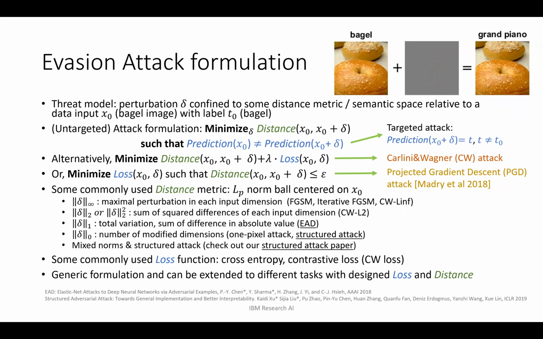Depending on how you formulate this attack problem, minimizing the distance subject to some attack criterion, or minimizing the attack loss subject to some distance criterion, there are correspondingly different types of attack methods. For images, there are also some popular Lp norm perturbations to evaluate image similarity. The L-infinity norm captures the maximum perturbation in each dimension, the L1 norm captures the total variation, the L0 norm captures the number of changes made in the input dimensions, and so on. For more details, please refer to our paper.